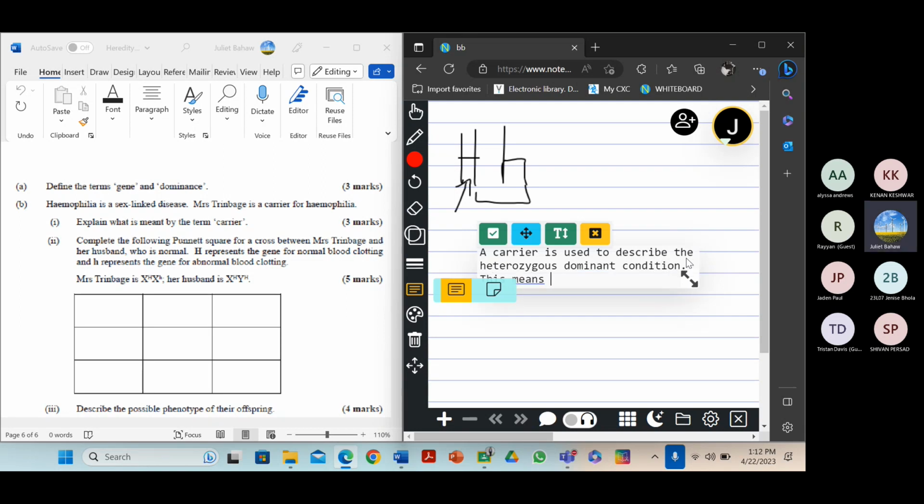This means that an individual has both the dominant and recessive allele.